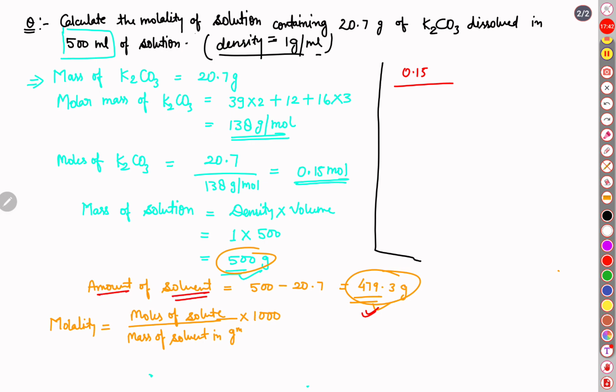Here, 479.3 gram, into 1000. If we solve this one, then we will get 0.313 mole per kg.